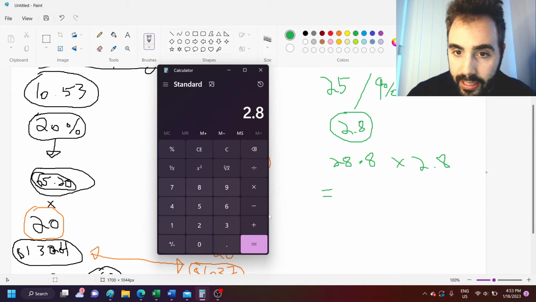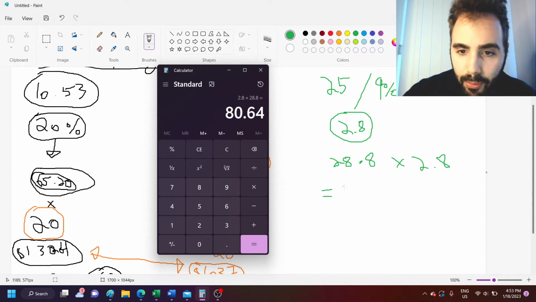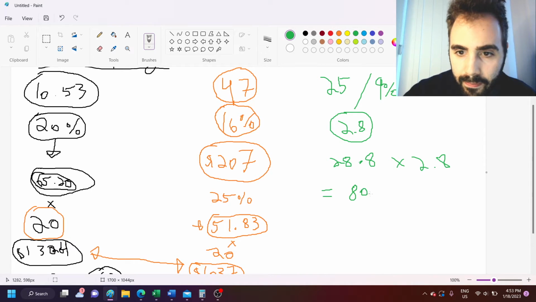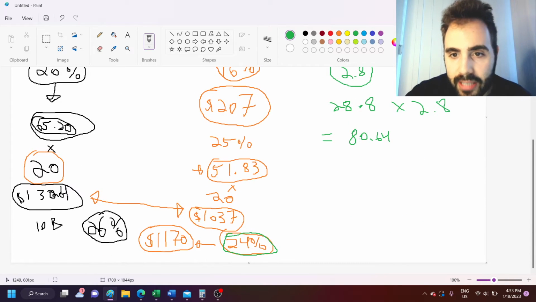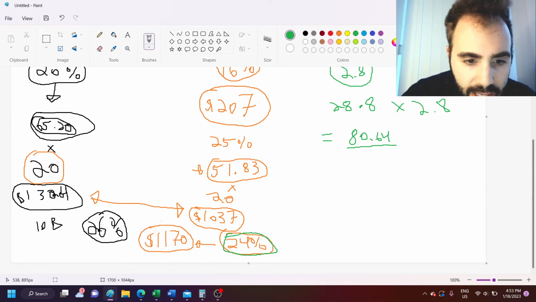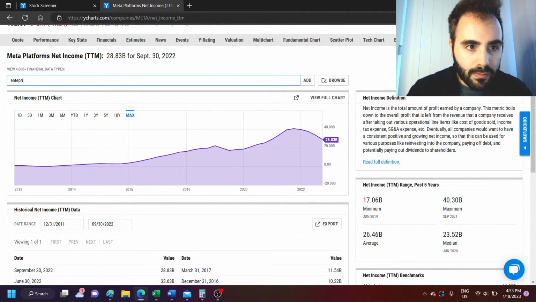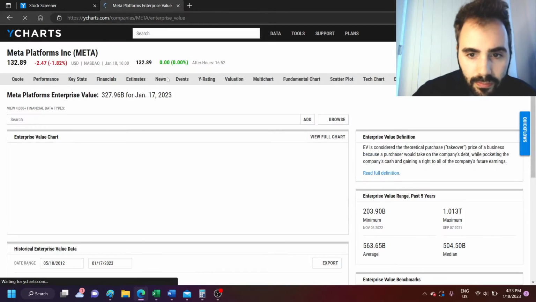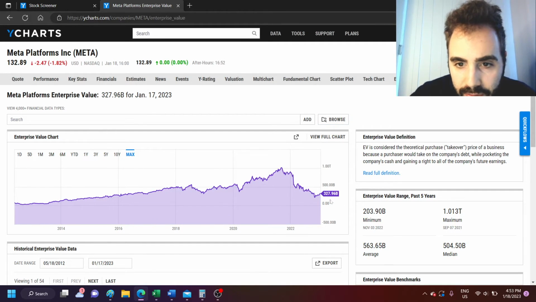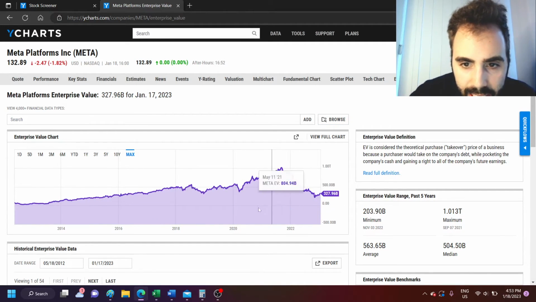We can do 2.8 times 28.8. That'll give us 80.64 billion. We divide this 80.64 billion by Meta's enterprise value. Meta's enterprise value is 328 billion.